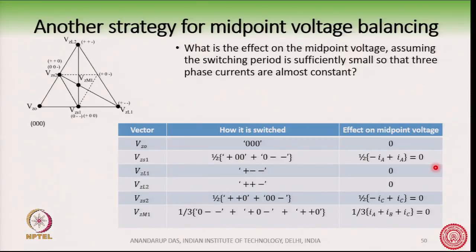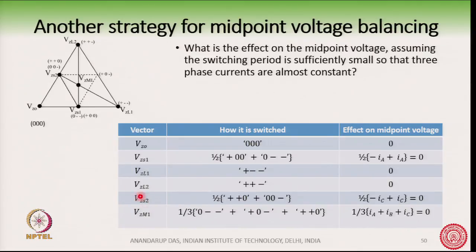Again, VZL1, we know that when I apply plus 0 0, there is no effect on the midpoint voltage. When we apply VZL2, similarly there is no effect on the midpoint voltage, these two are large vectors.